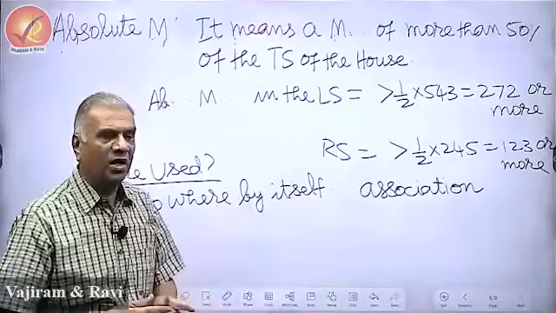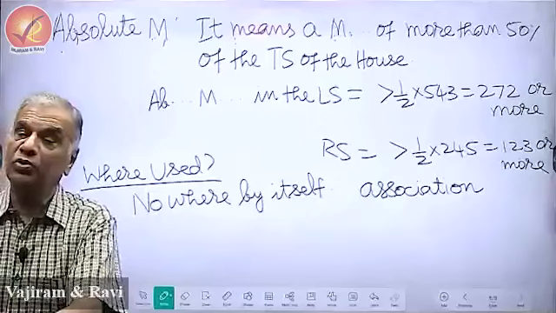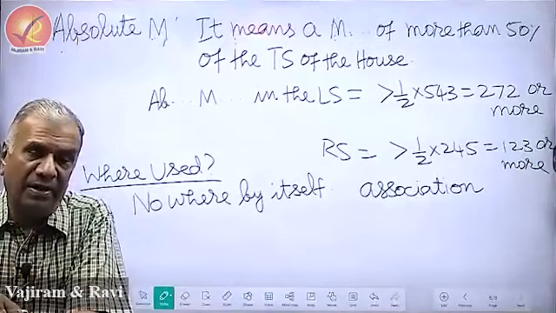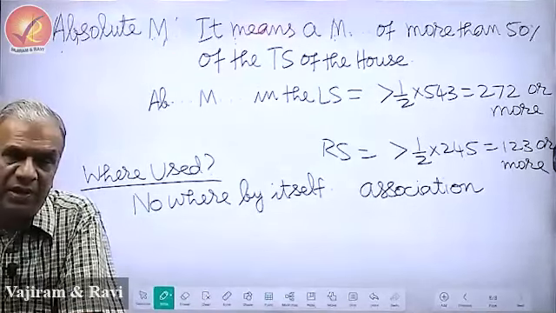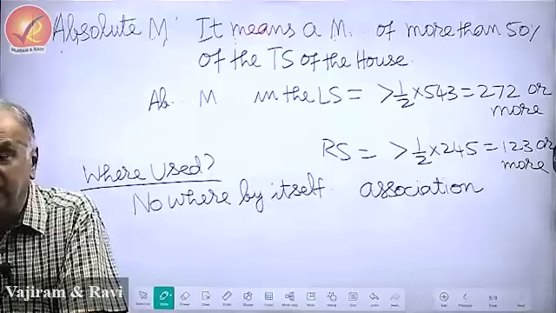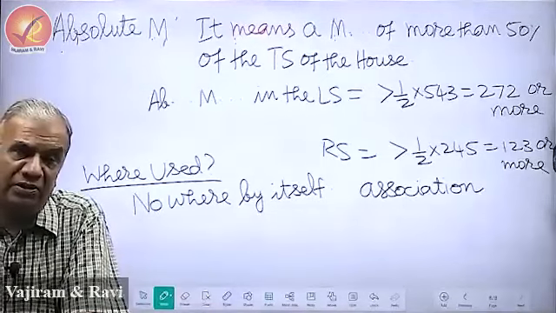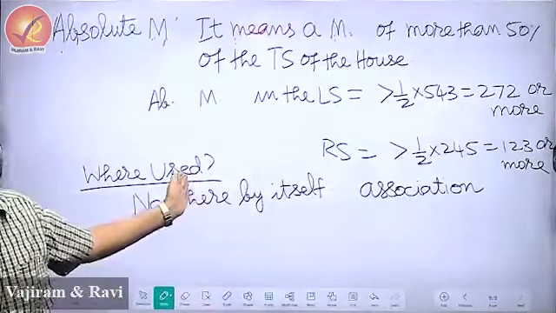So therefore, absolute majority is not used very often by the parliament or the state legislatures while doing business. Legally speaking, it may not be very important, but politically it is extremely important.